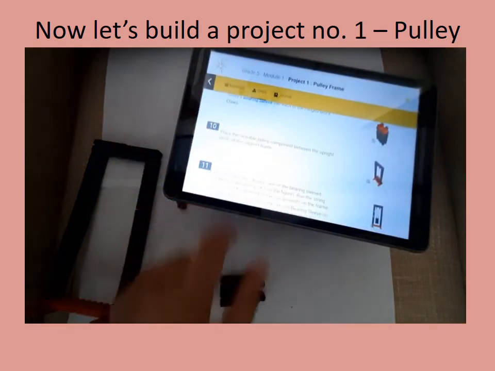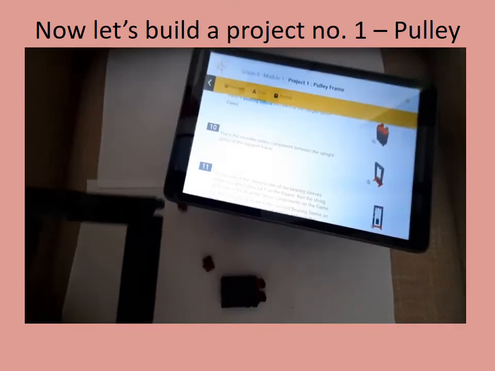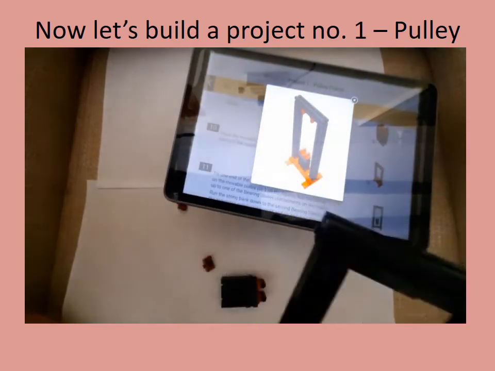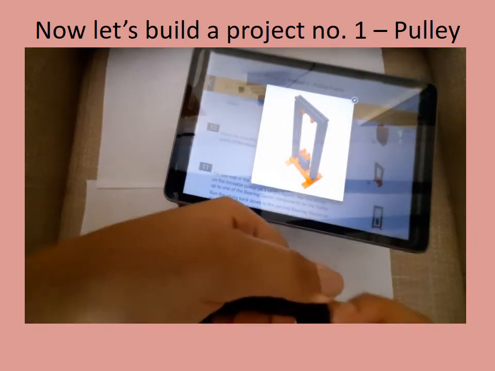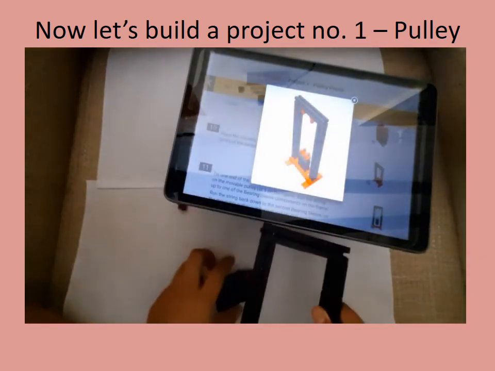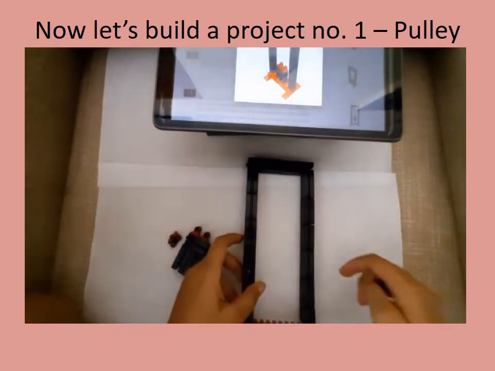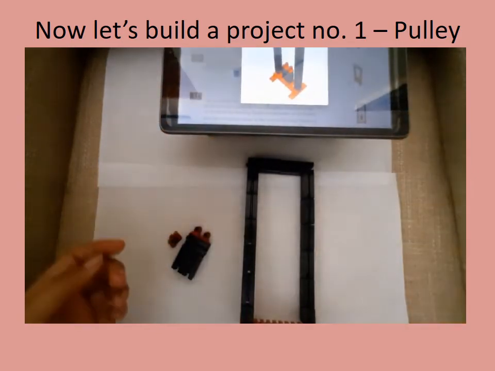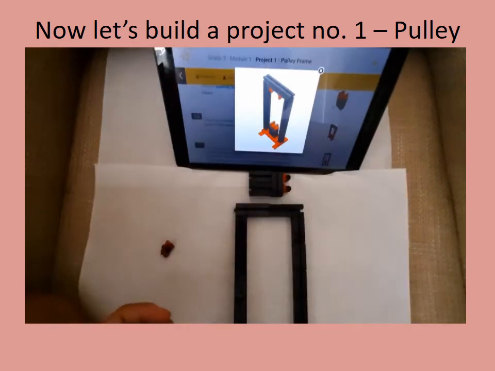Now the next step is place the movable pulley component between the upright posts of the support frame. So on the pulley frame, I will place the movable pulley, this movable pulley component. This is the pulley frame.